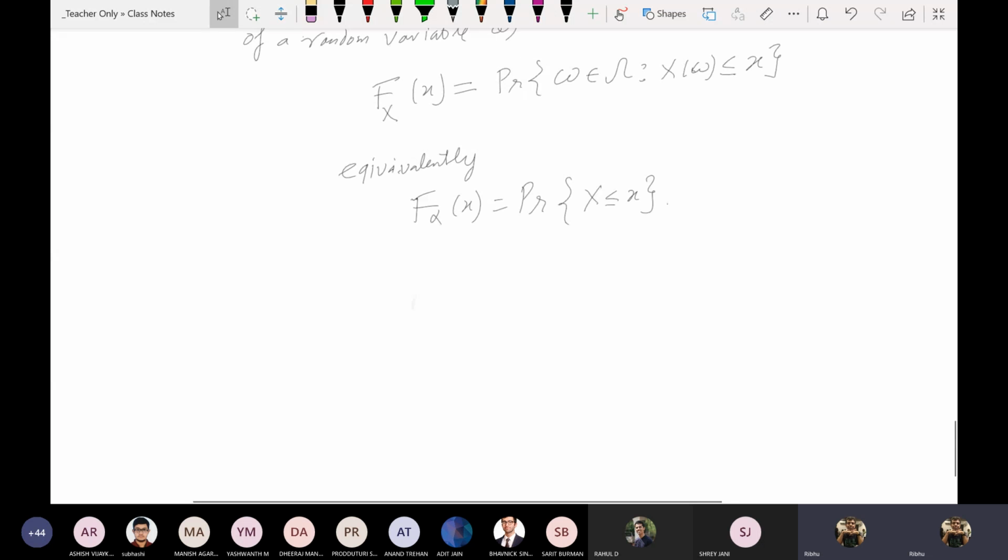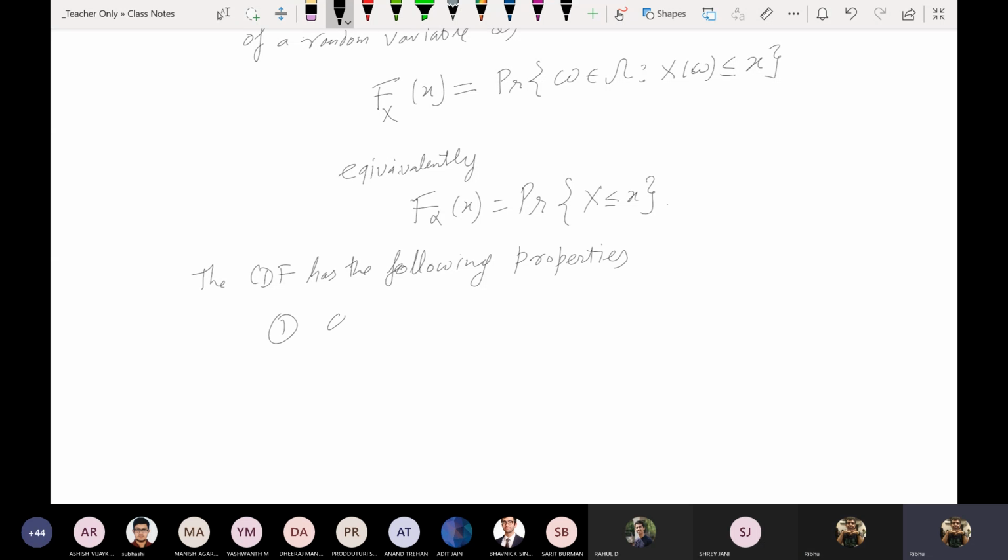So the CDF has the following properties.